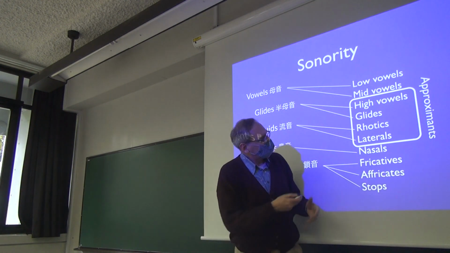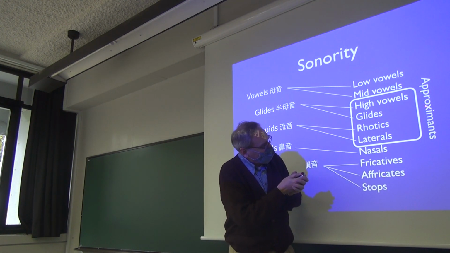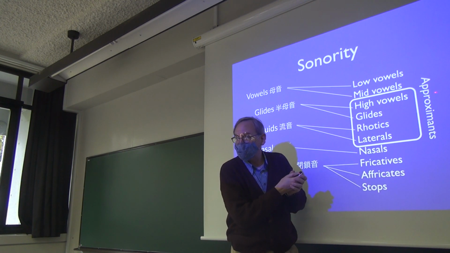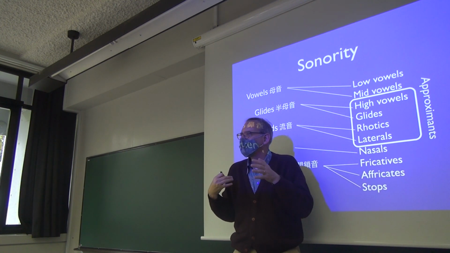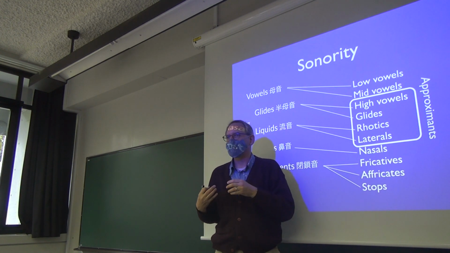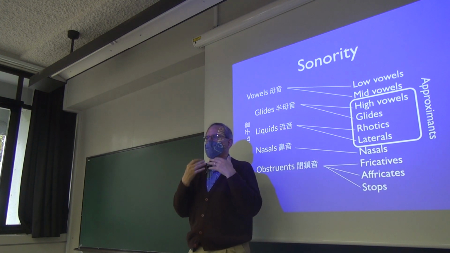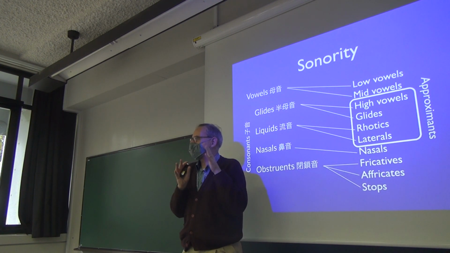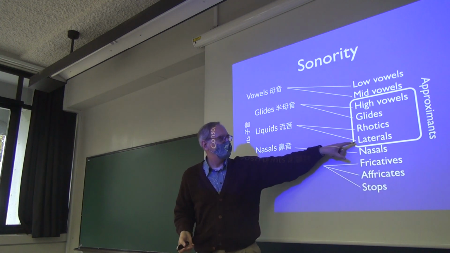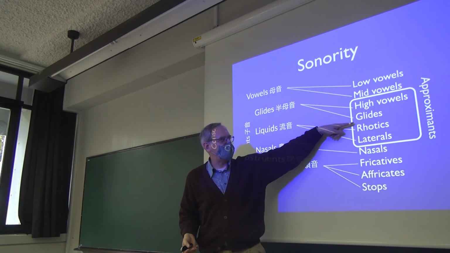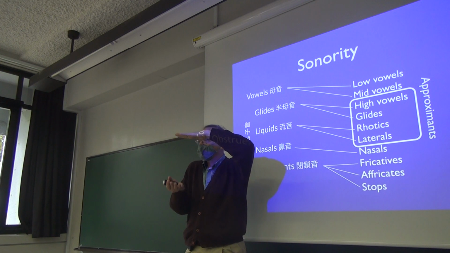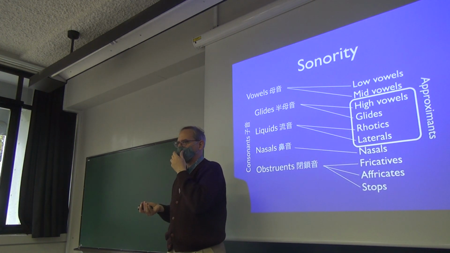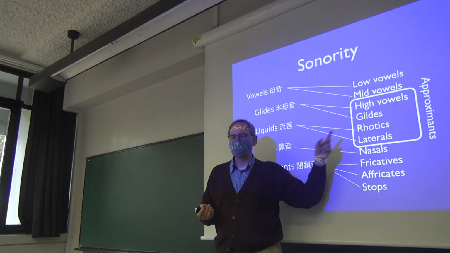Approximant, okay, P-R-O-X-I. If you know the word proximity, it means near. So approximants are created by bringing parts of the mouth near each other. Not touching, but near. So to create high vowels, glides, and rhotics, we bring the tongue near the roof of the mouth without touching, although we include the laterals.